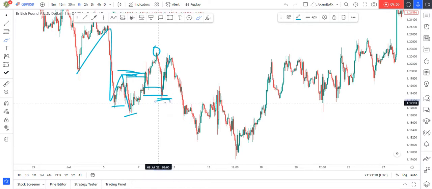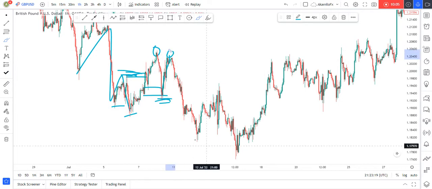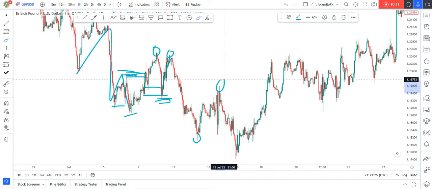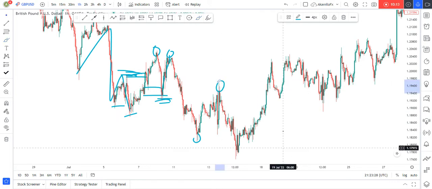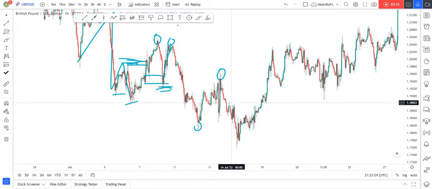But this is just an inducement that will induce traders to enter the market. So when price creates a new lower high, gives us a lower low, and when price gives this lower low, it creates another lower high. So see what happened.